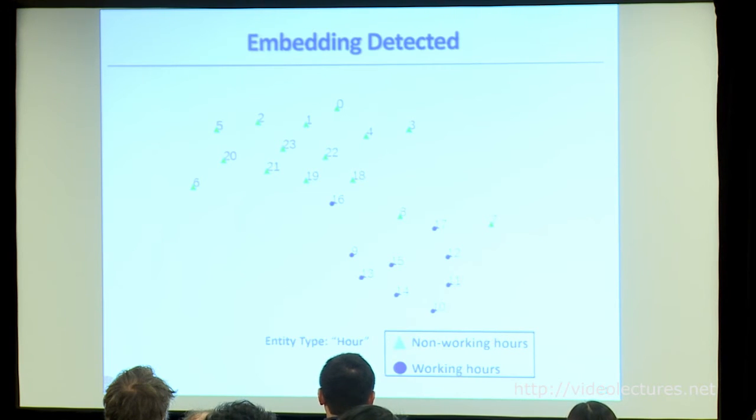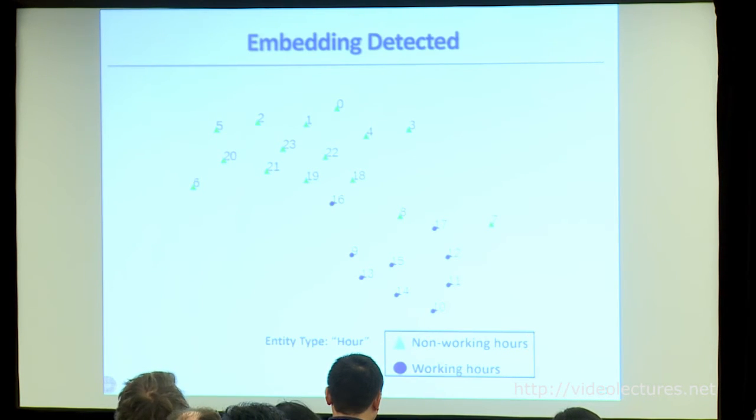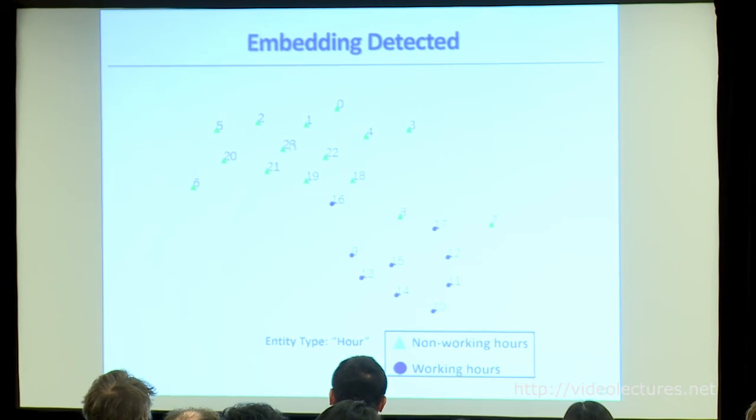Now there's another really interesting case study. Remember, we wanted to embed those nodes into a low dimensional space. So let's see what we have done with this type of entity. We haven't used any heuristic information, and we just embed those 24 hours into this map. It turns out that we can successfully find that hour 0 is close to 1, but also close to 23.